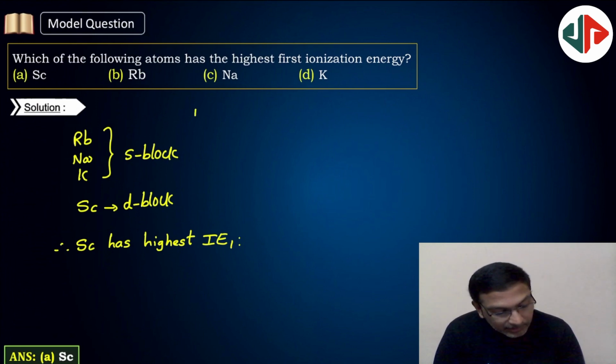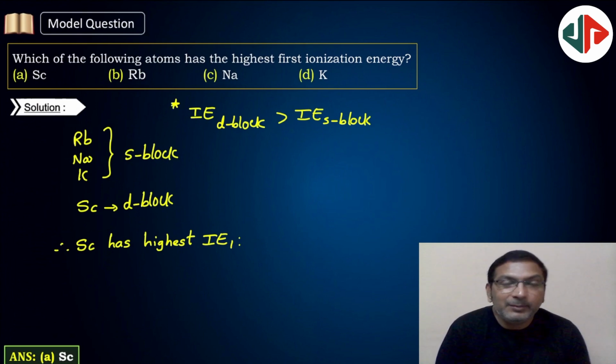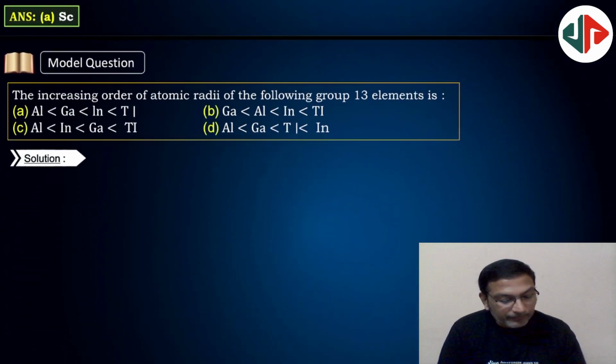So ionization energy of D block is greater than ionization energy of S block. So due to this reason, yes, scandium will be having highest first ionization energy among four elements. Therefore, option A.